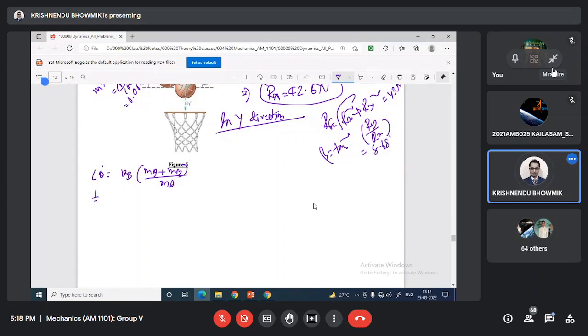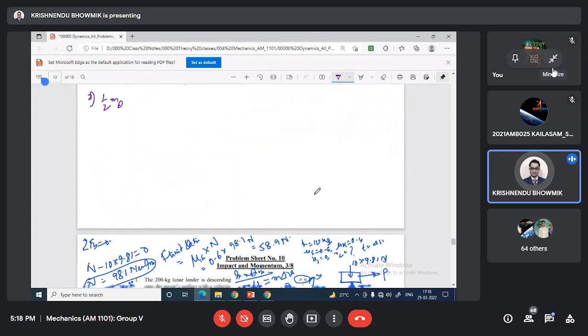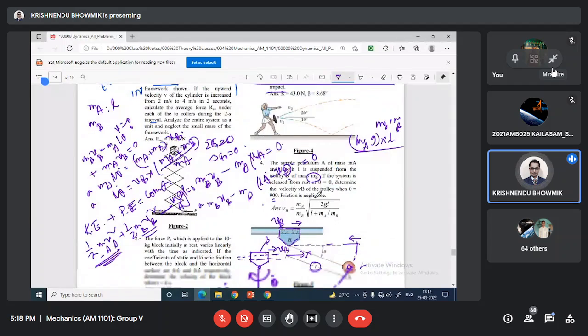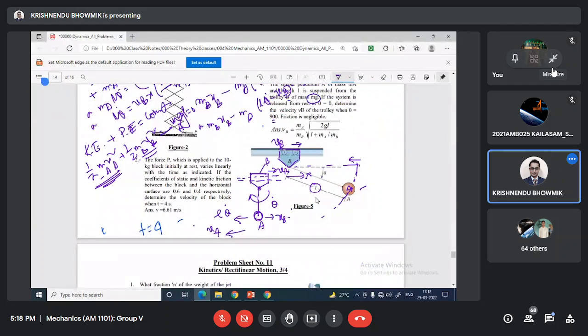Now we got half MA VA square plus half MB VB square equal to MAG multiplied by L. We got VA equal to L theta dot minus VB.